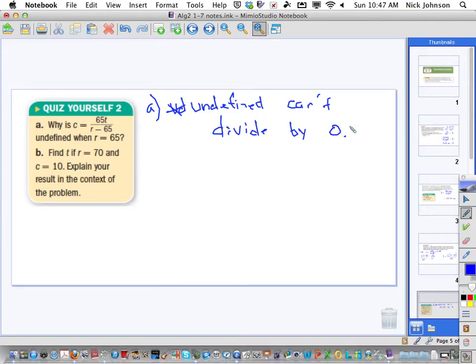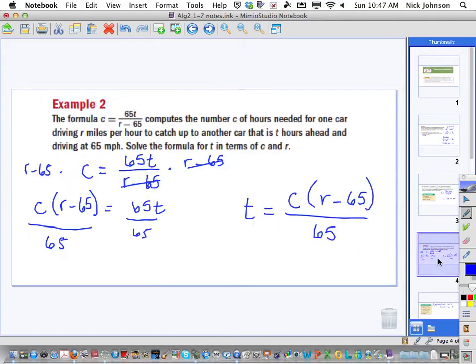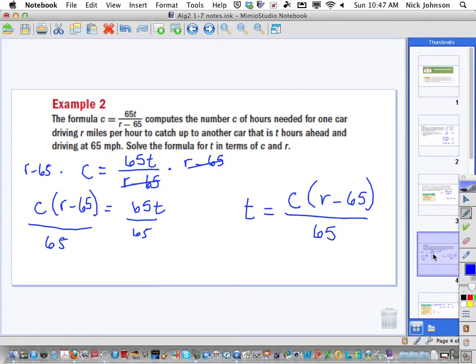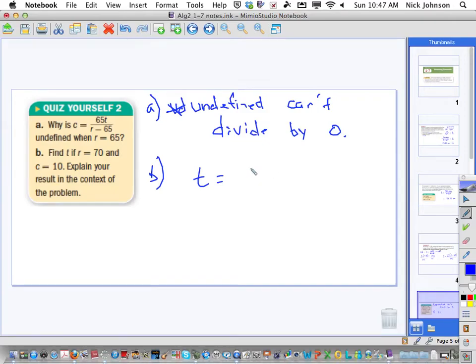B says, find T if R equals 70 and C equals 10. So I have to take this equation, C times the quantity R minus 65 divided by 65, and plug those numbers in.